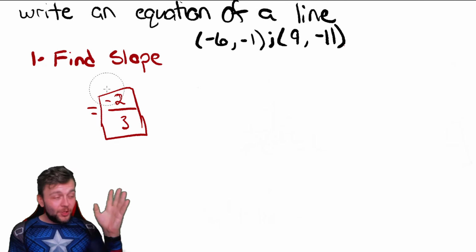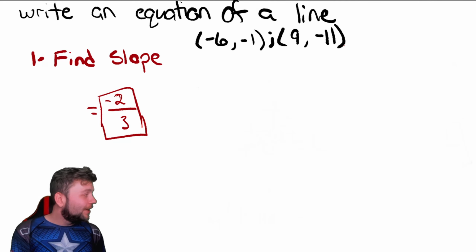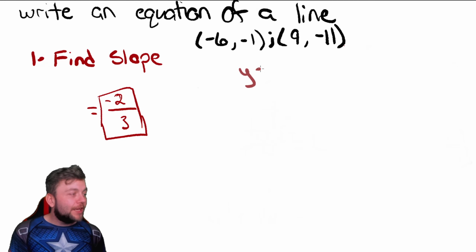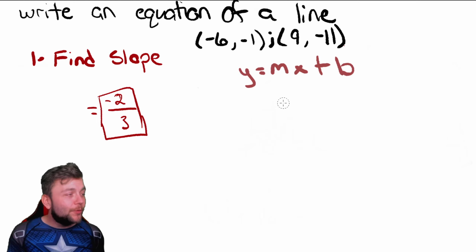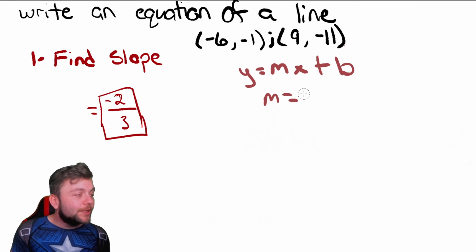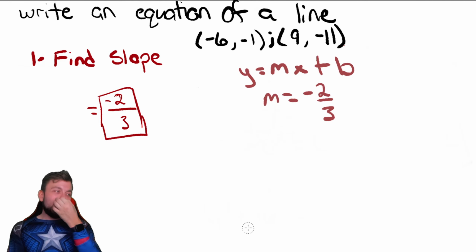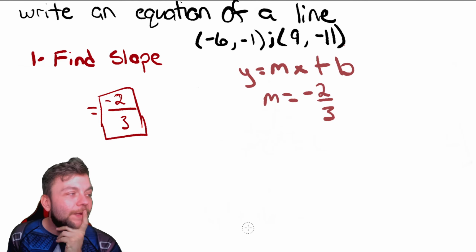Okay. So our slope is negative 2/3. We can plug this into our y equals mx plus b. We have our m equals negative 2/3. Here's an easier way of going about this.